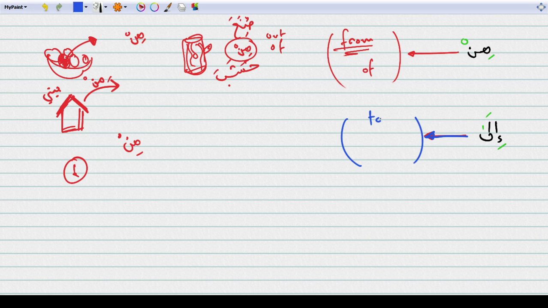Now, the opposite to min is ila. So ila mainly means to. Right. So, for example, you said that you went from your house, min bayti, ila. What's the destination? The destination is described with ila. Ila baytihi, to his house.